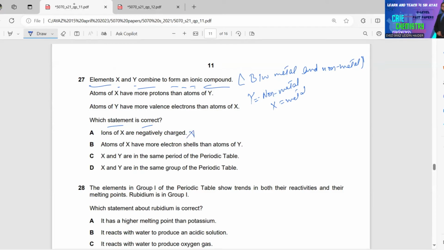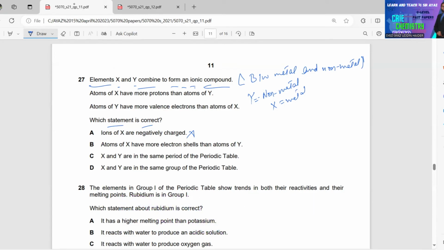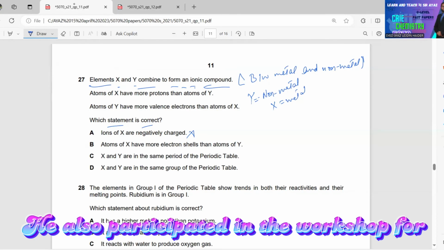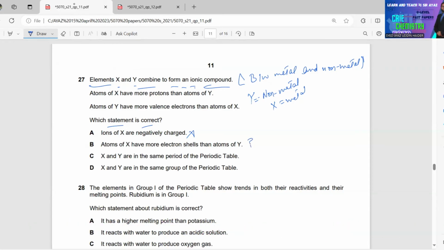B, atoms of X have more electron shells than atoms of Y. So is this statement correct? This can be correct. 27. This looks correct to me.